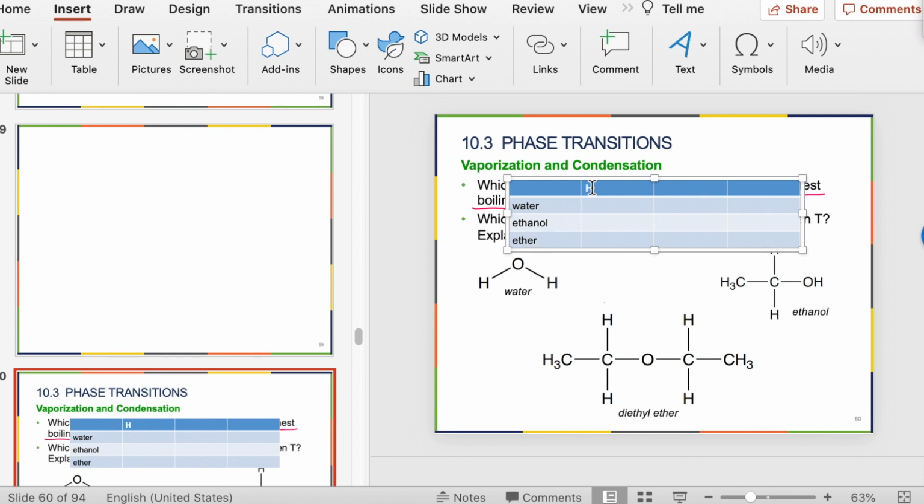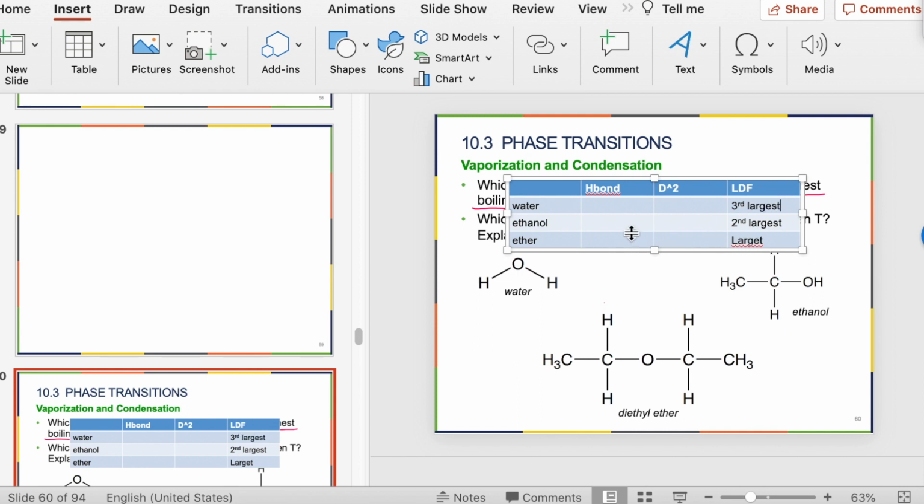And we're going to compare hydrogen bonding, dipole-dipole, and London dispersion forces. Now, looks like diethyl ether is the largest molecule, so I'm thinking it's going to have the largest. The ethanol is larger than the water molecule, and the water molecule is the smallest.